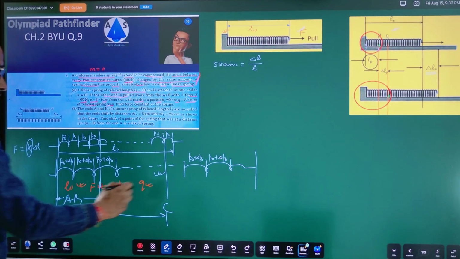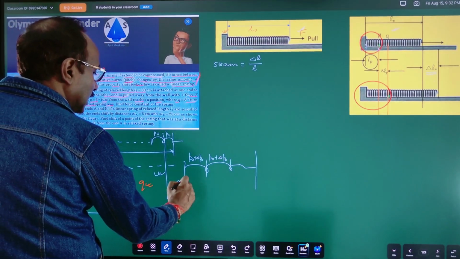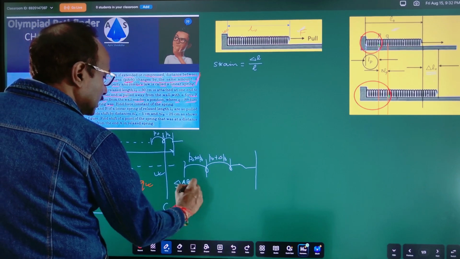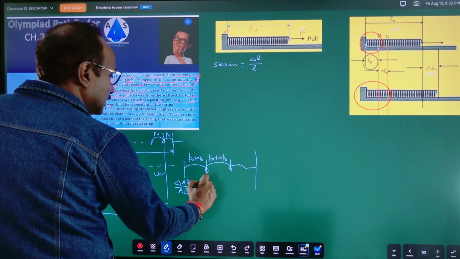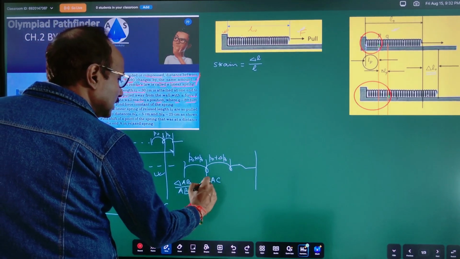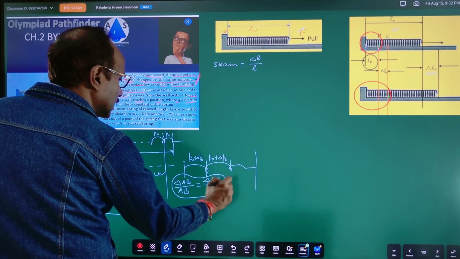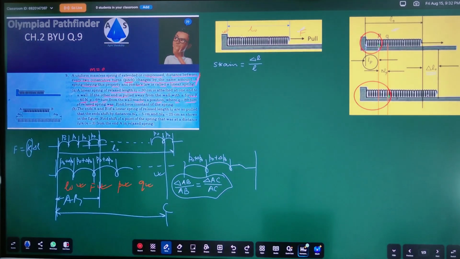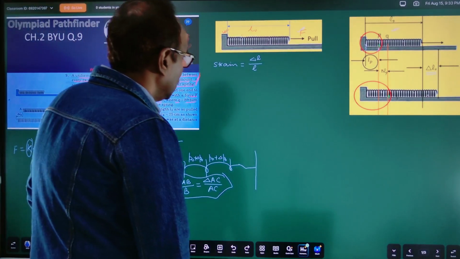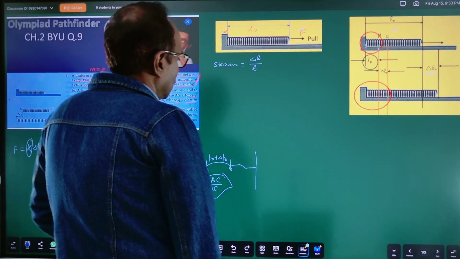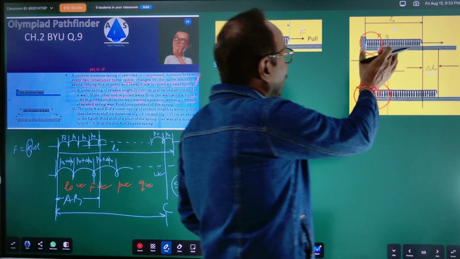If you write change in AB after stretch divided by AB original length, change in AC divided by original length AC will be equal. So you can write like this.